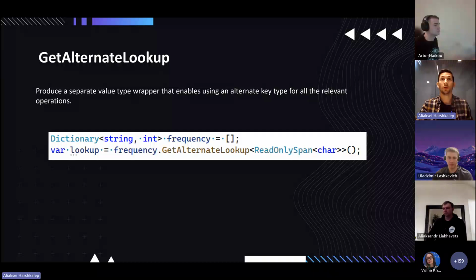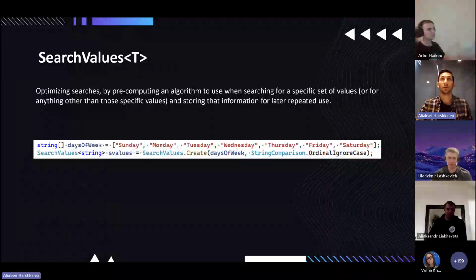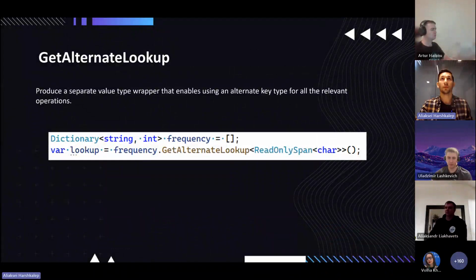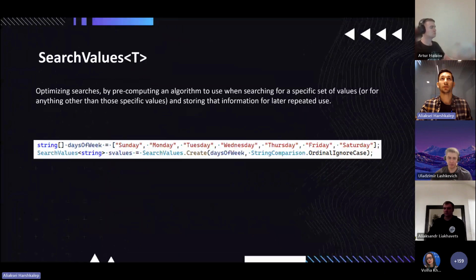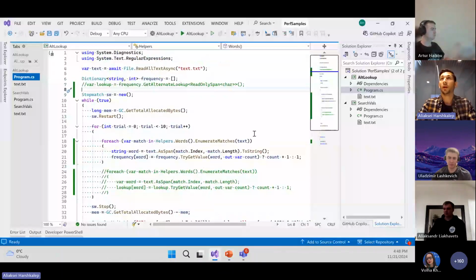I'm going to show really quickly two examples of APIs dedicated to providing high-performance capabilities in very common cases: the GetAlternateLookup method that we can use for dictionaries, and SearchValues. So let's quickly go to Visual Studio and explore them.